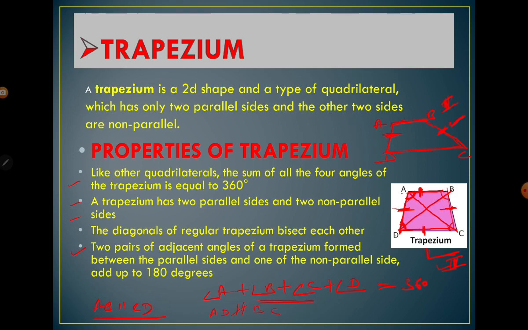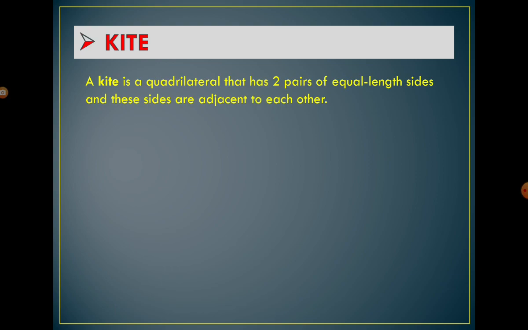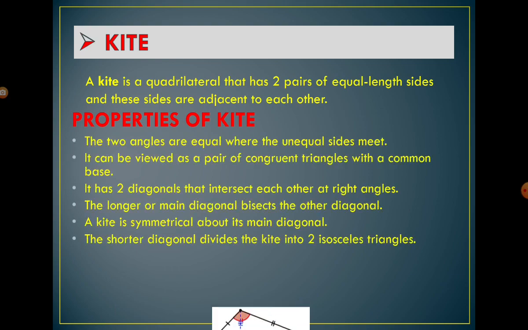Got it? Okay. Now come to the next and last one, that is kite. This is also a type of quadrilateral. A kite is a quadrilateral that has two pairs of equal length sides and these sides are adjacent to each other. Got it?